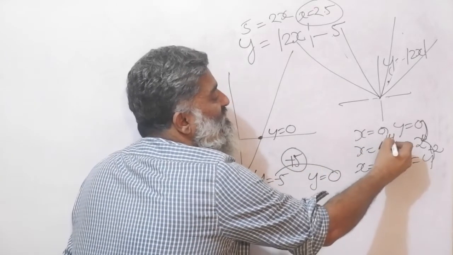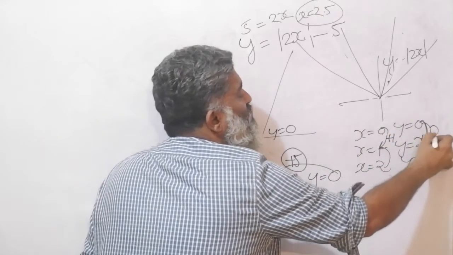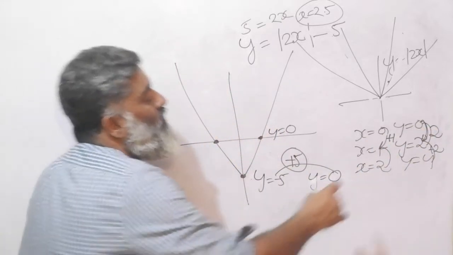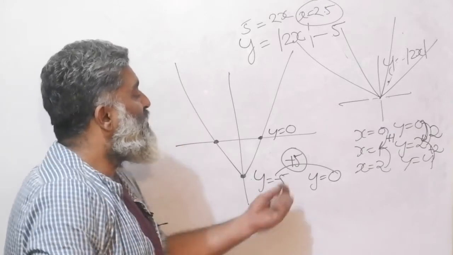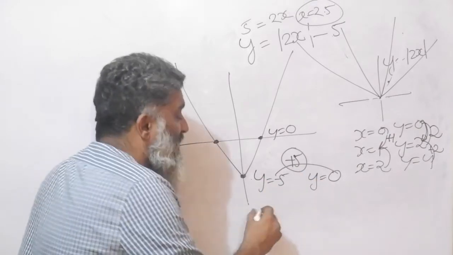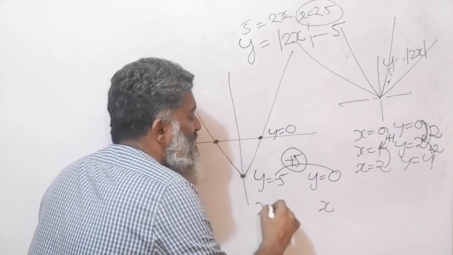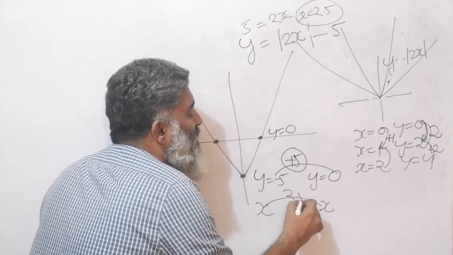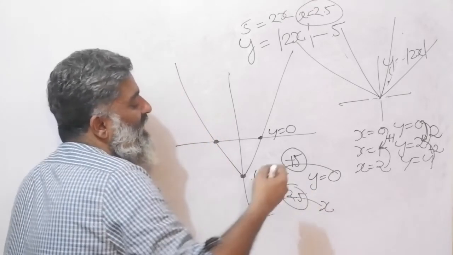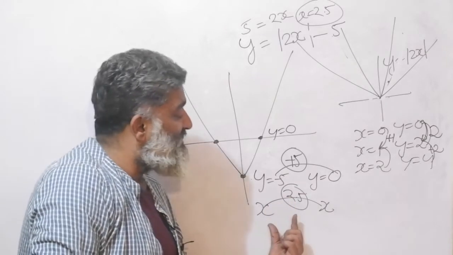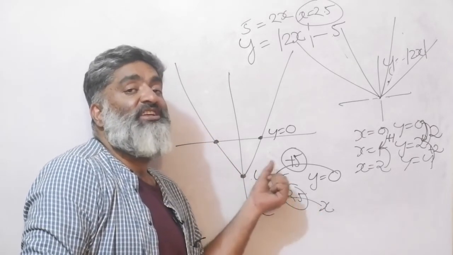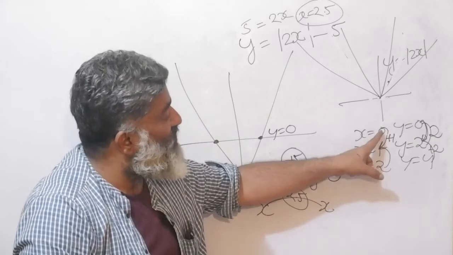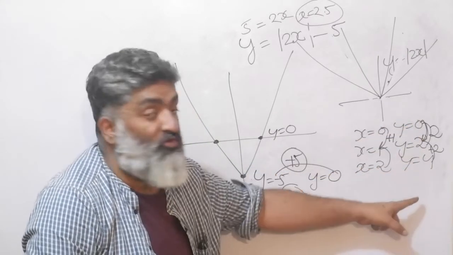For a unit change in x, there is a 2 change in y. So if you want 5 changes in y, I'm just going to get to the answer. You will need 2.5 unit changes in x, right? Because if x is changing by 2, think easy. If x is changing by 2, y will change by 4 units, right? If x is going from 0 to 2, y is going from 0 to 4 as such.